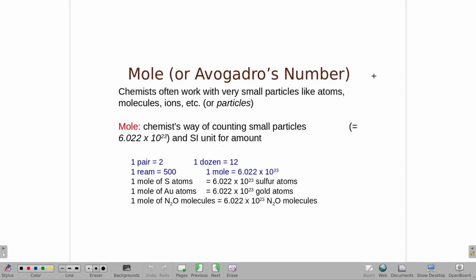Alright, so that mole number gets repeated a lot. 6.022 times 10 to the 23rd is just the conversion of moles into actual individual atoms for anything. Doesn't matter if it's a single atom like sulfur or gold. Doesn't matter if it's a molecule. That still is the number used.